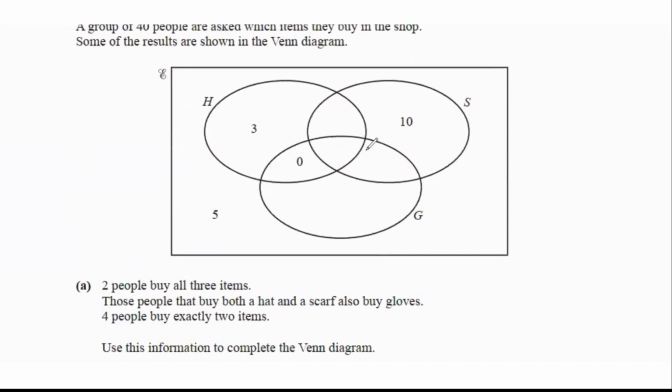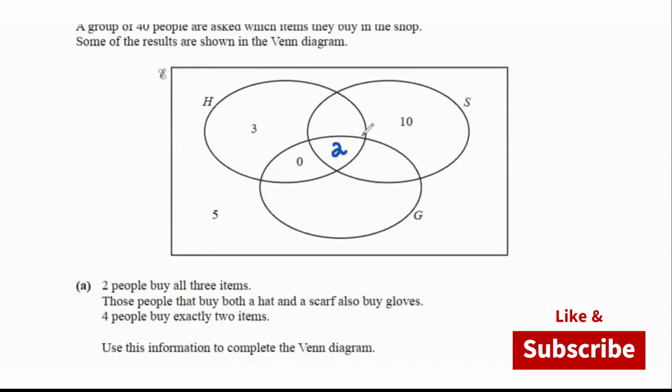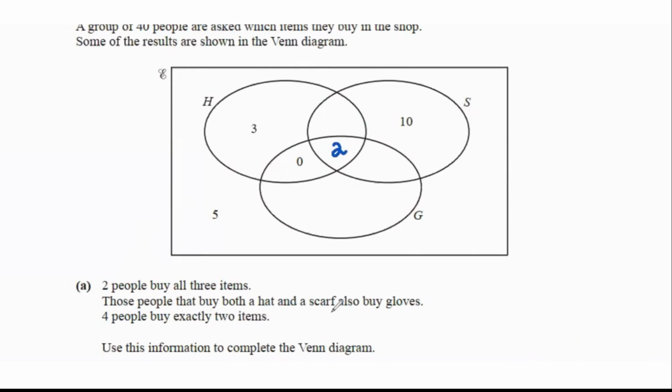So 2 people buy all 3 items, so 2 comes over here. Those people that buy both a hat and a scarf also buy gloves. That means there's no set of people who buy just hat and scarf, so this is going to be 0. There's no people that buy hats and gloves only, so this is 0. But 4 people buy exactly 2 items, so it's going to be over here, because they've already set a condition for hats and scarves, that whoever is buying hats and scarves is also buying gloves.